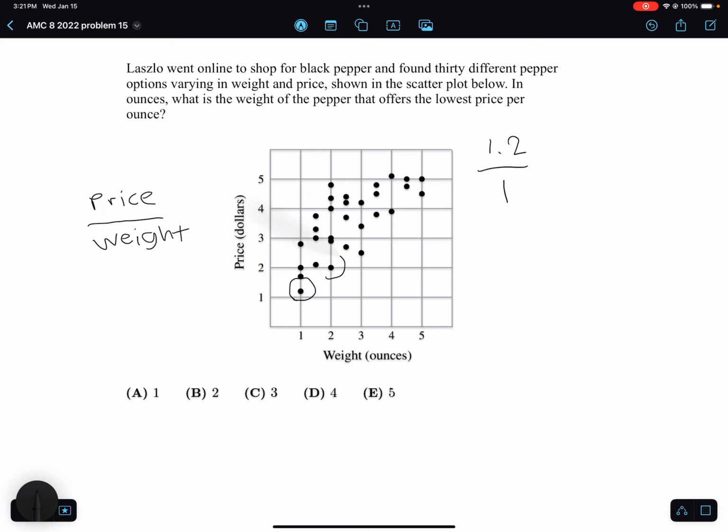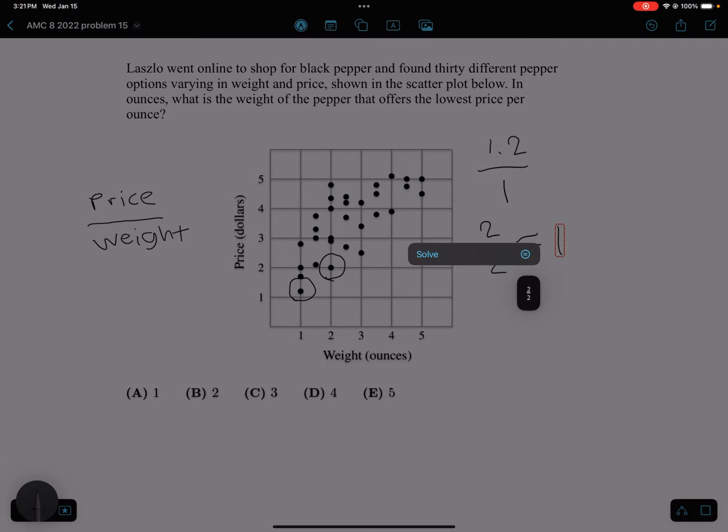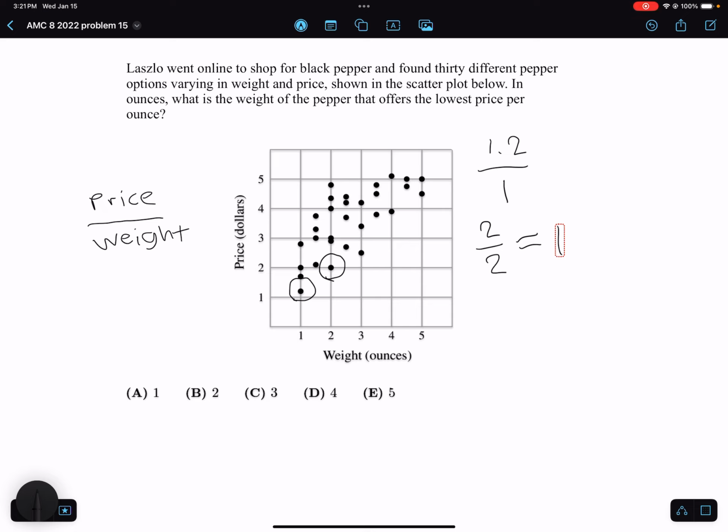Take this point, for example. This is going to be 2 over 2, because the weight and the price are both equal to 2, which is 1, even smaller than the one we had before. So we could keep looking at different points, and we discover that 1 is in fact not the smallest we could go.